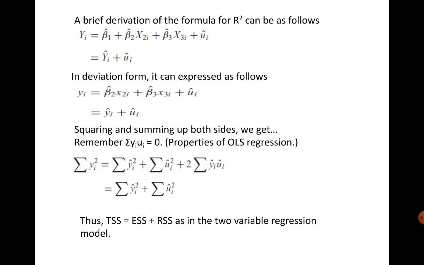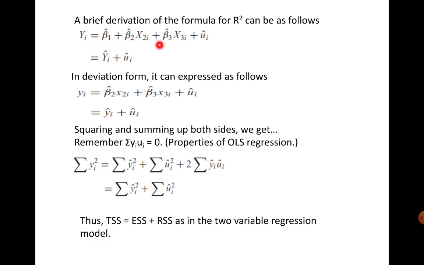The derivation is given very briefly. I have only pointed out the important steps. Usually you don't get this derivation as a question, but just understand it. So the first line here is that I'm showing yi.